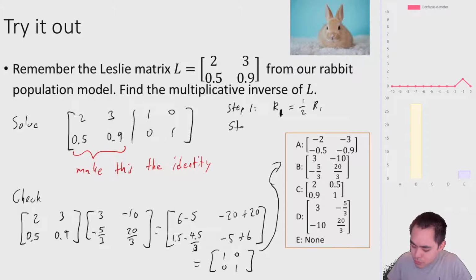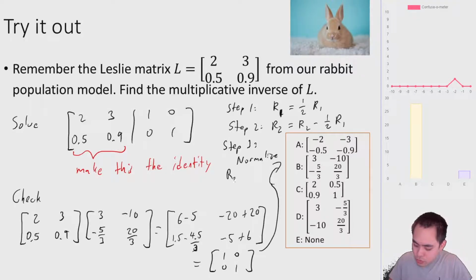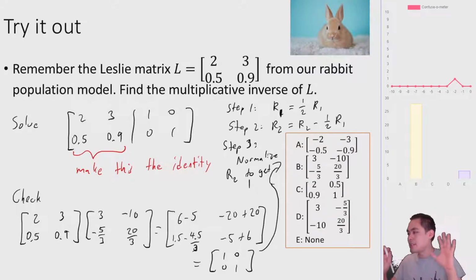Step 2 would be row 2 is equal to row 2 minus 1/2 of the new row 1. Then step 3, normalize row 2 to get 1, and so on. These are the first couple steps, and hopefully that's enough to get you started. In your tutorial next Wednesday, I'll ask your TAs to go through more examples of this.